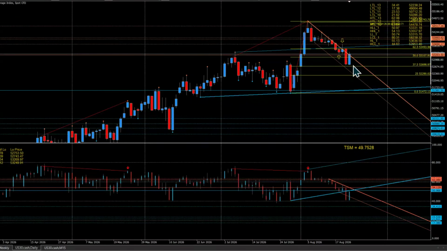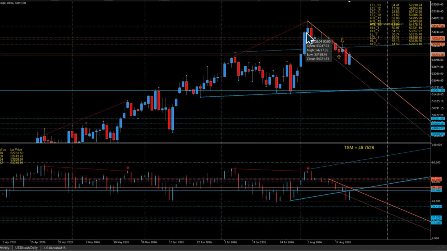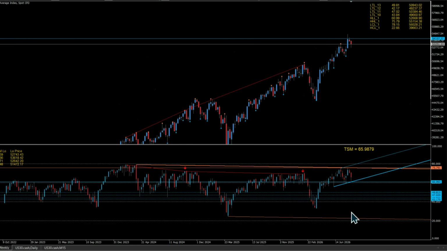Friday, SP 500 trade day, market buying 37.5. If you use the impulse wave, I'm just going to get rid of that so we don't have too many lines. Here we are. And it's the same thing over and over again. We still look like we have a little bit of room to come down here.